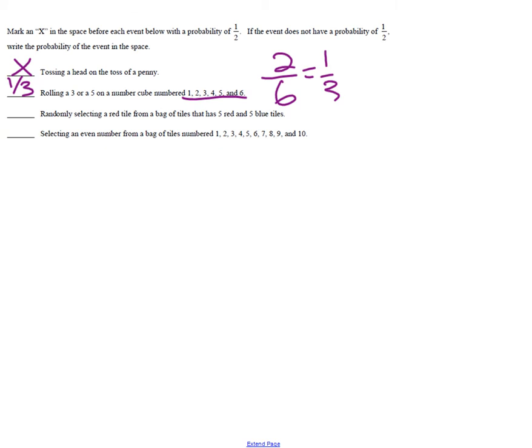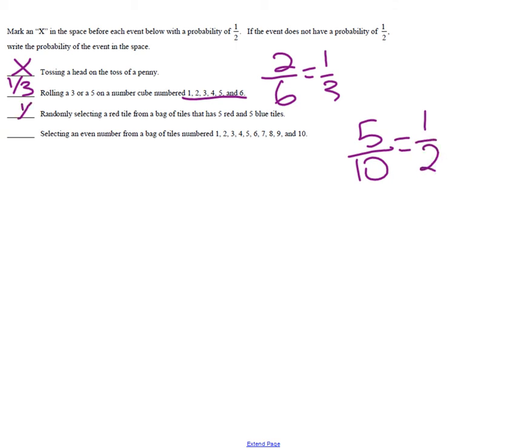Okay. Some people wonder about the next one. Selecting a red tile from a bag of tiles that has 5 red and 5 blue. How many possible outcomes are there? 10. If we want a red tile, how many favorable outcomes are there? 5. 5 out of 10 simplifies to 1/2.